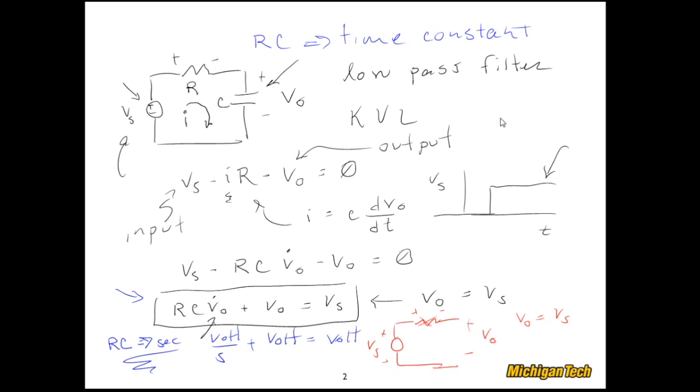But before we do that, we're going to make one more examination of this differential equation. So we have RC V0 dot plus V0 equals Vs. What I'm going to do is put this into transfer function form. I'm going to take the Laplace transform of it and solve for the output over the input, that is V0 over Vs. So if I take the Laplace transform and letting the initial conditions be 0, I get this.